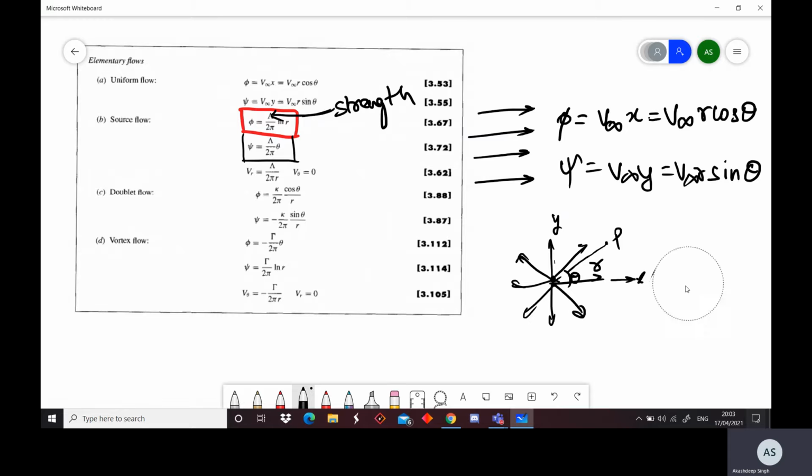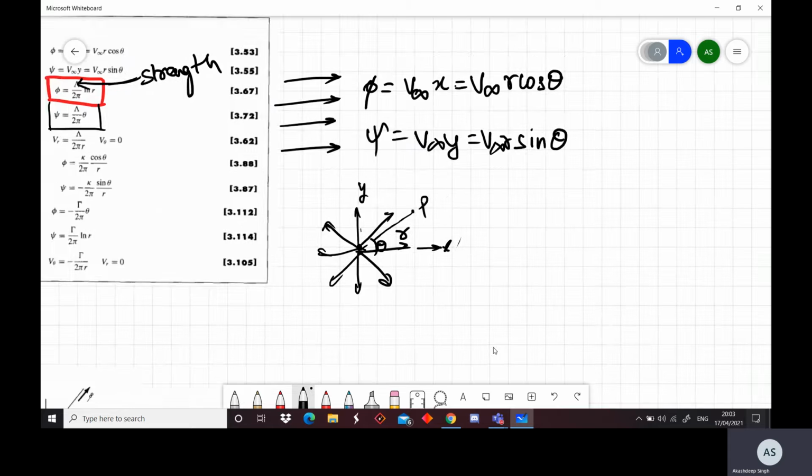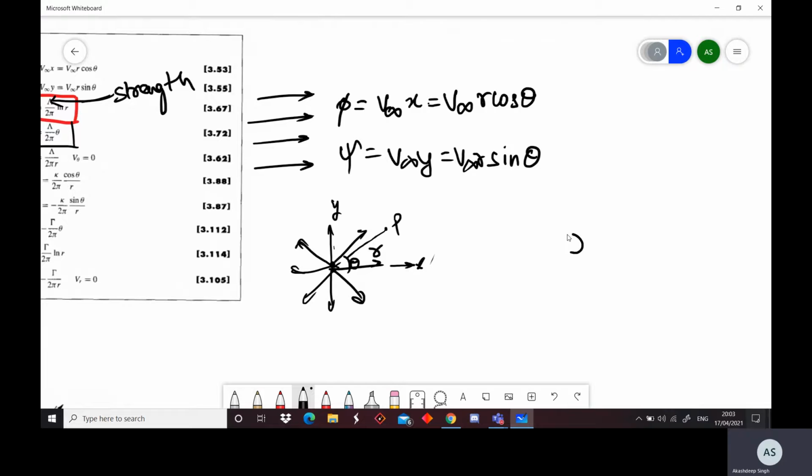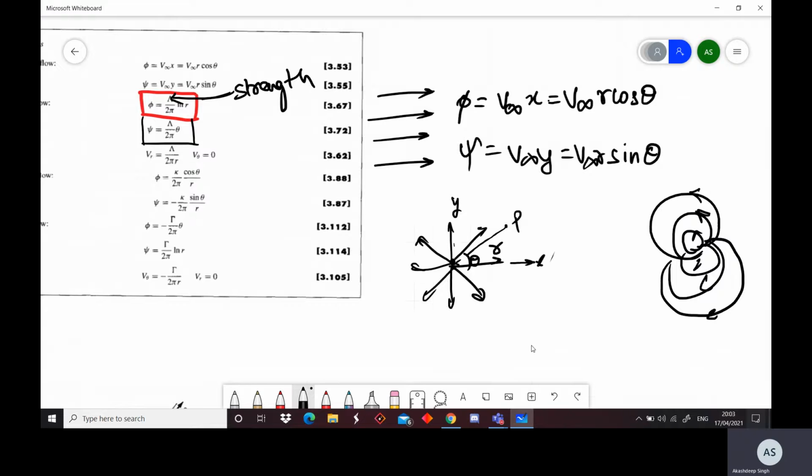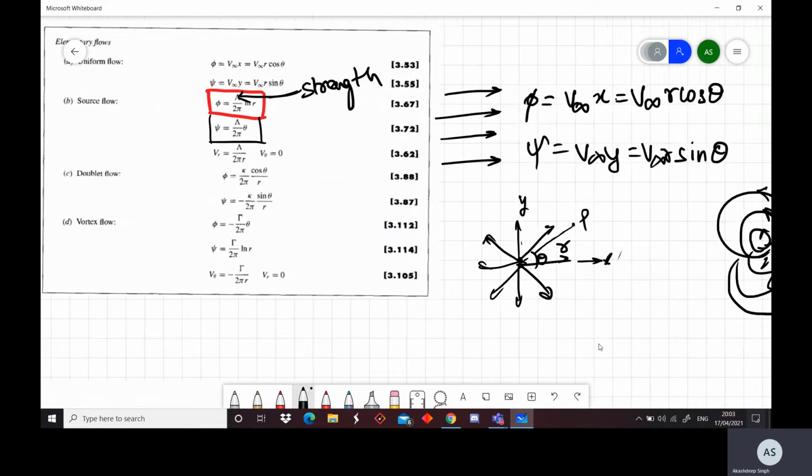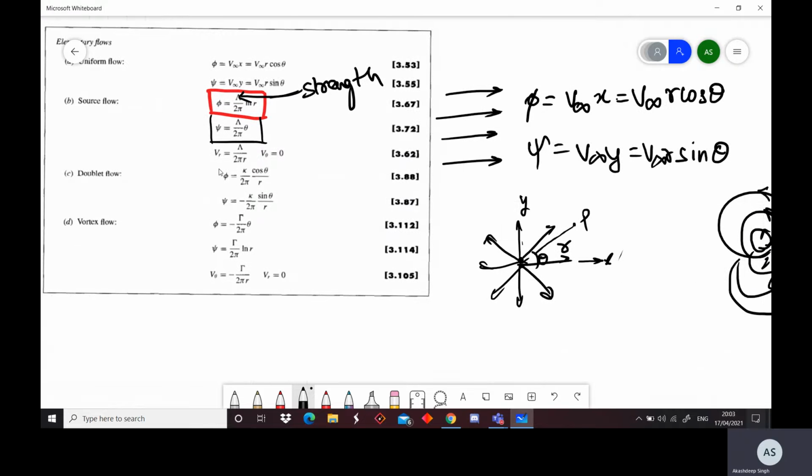So this is a doublet. It is also associated with a particular strength, our kappa. In polar coordinates we have the stream function and velocity potential.